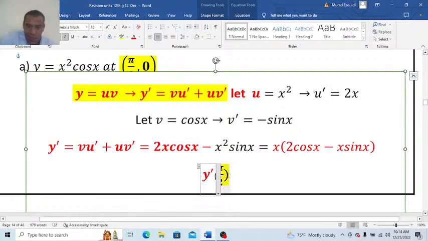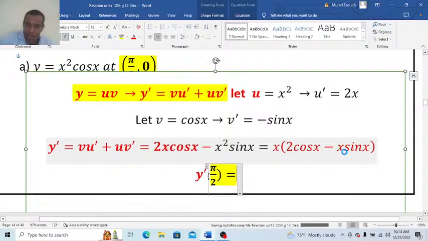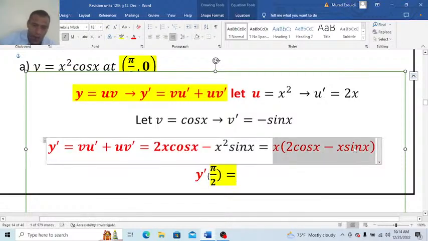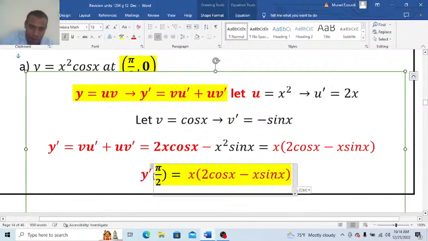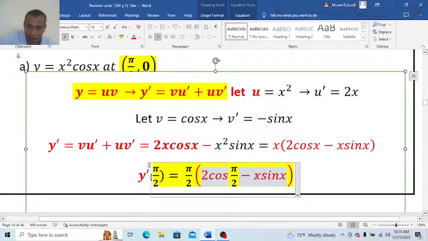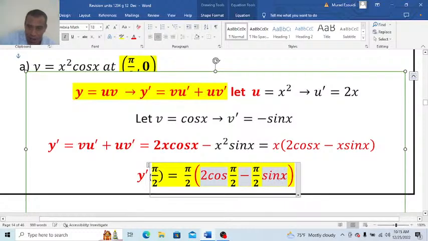Then this one is in fact equal to pi over 2 between parentheses 2 cosine pi over 2 minus x pi over 2. I will just copy this here and substitute. So this is pi over 2. I will replace x in here, it will be pi over 2. Then I will write x cosine of pi over 2, and here pi over 2, and this one is sine pi over 2.